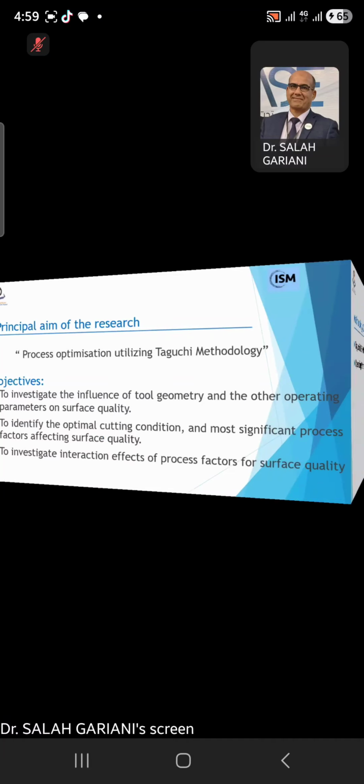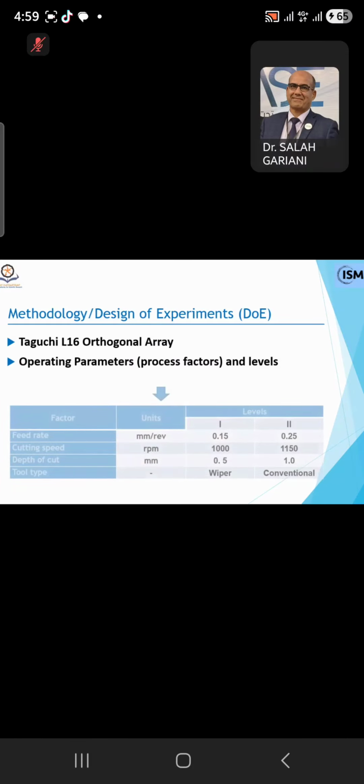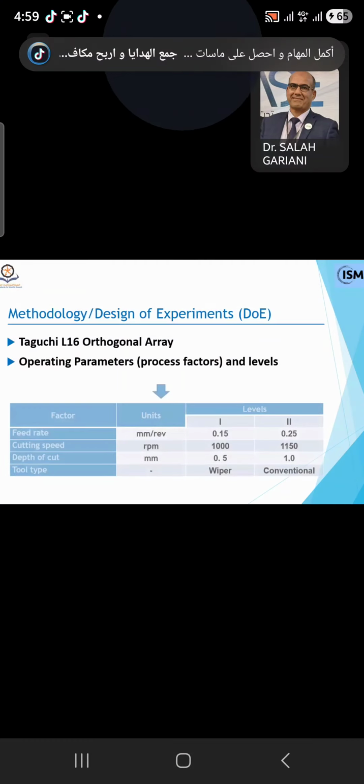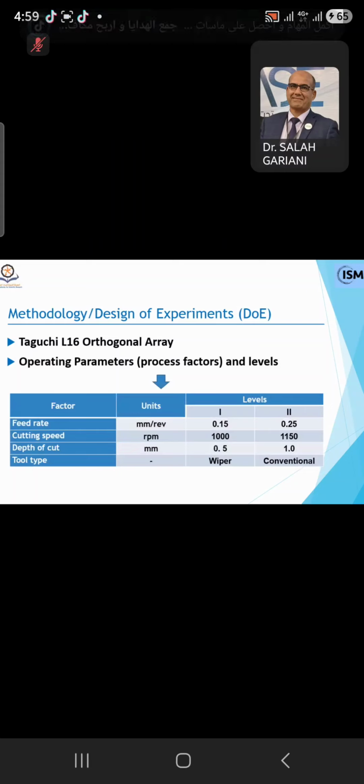The slide shows the design of experiments. The methodology uses an orthogonal array with 16 tests, and the operating parameters or process factors and levels are shown in the table: feed rate, cutting speed, depth of cut, and tool type.